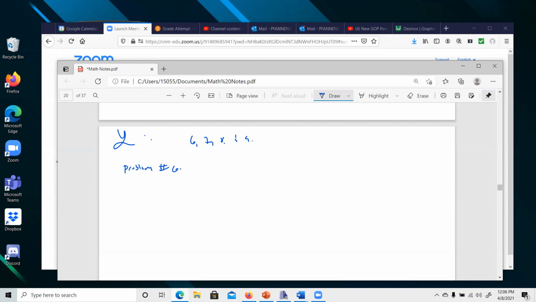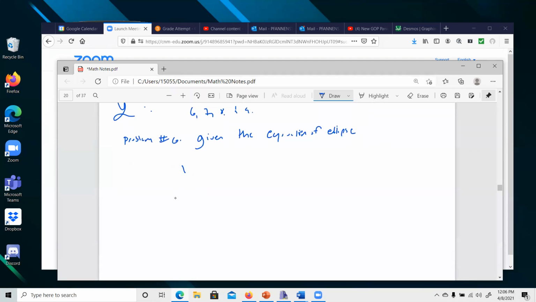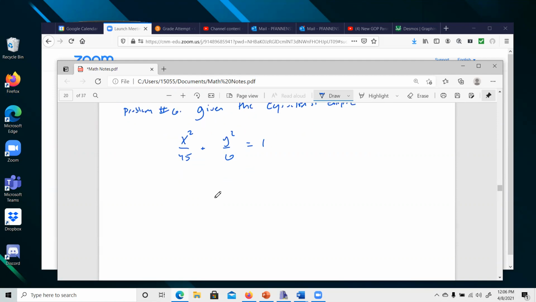The equation of an ellipse is given below. It's at the bottom. All the instructions are up at the top here. x squared over 45 plus y squared over 6 is equal to 1. And then we ask a whole bunch of questions about it.